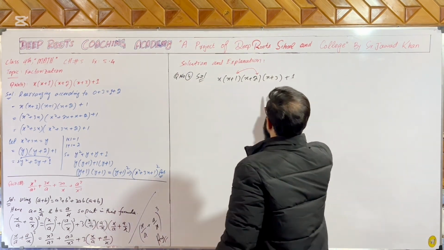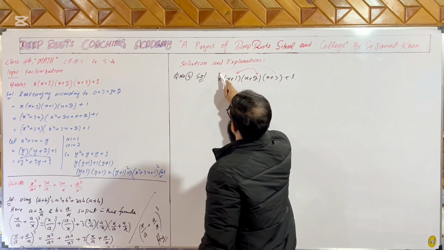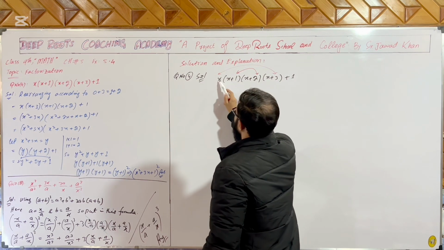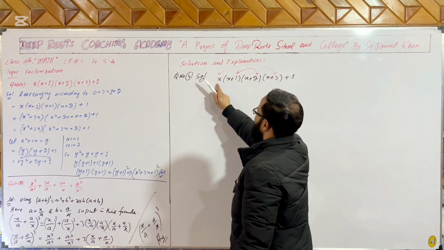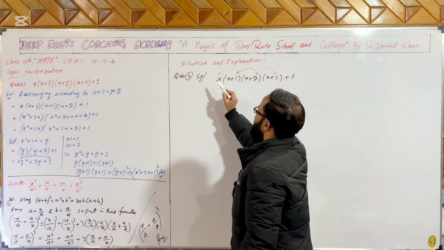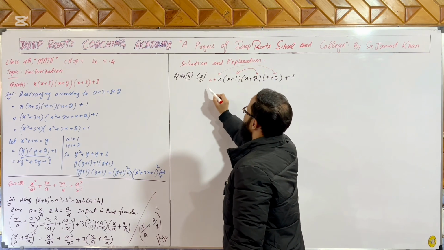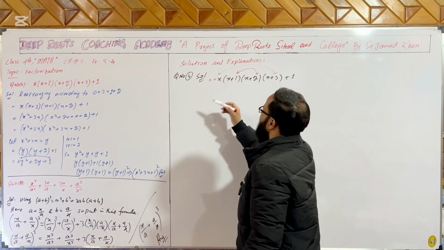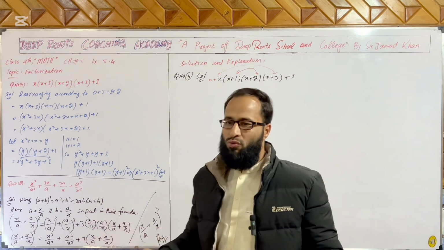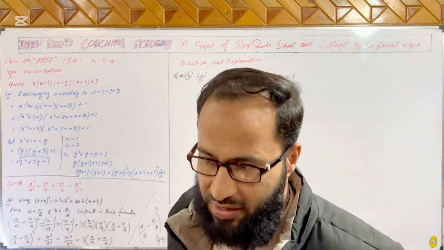And if I add here 3 and 0, because x is separate, and here there is nothing given, so I can write 0 plus. If you add 0 to something, it will not affect the result.